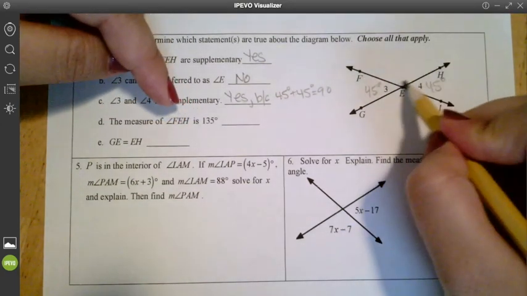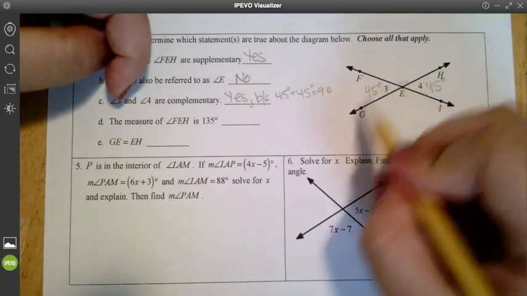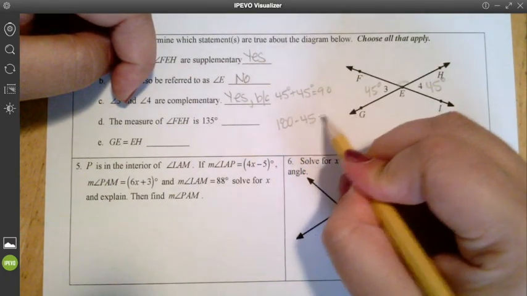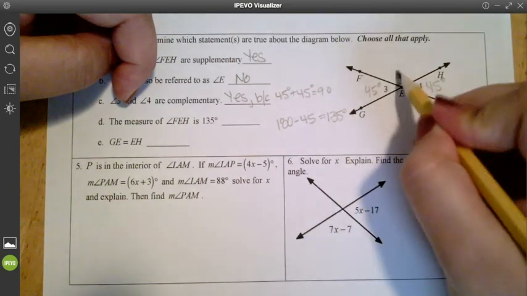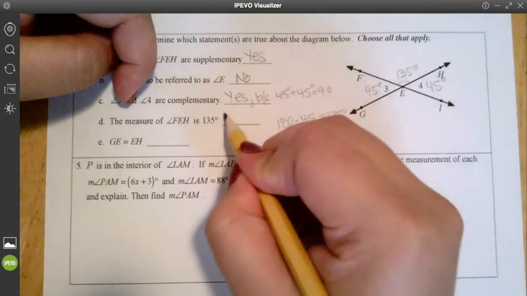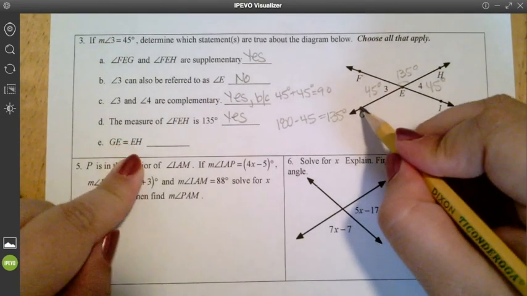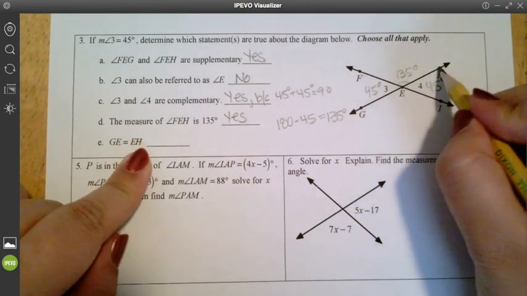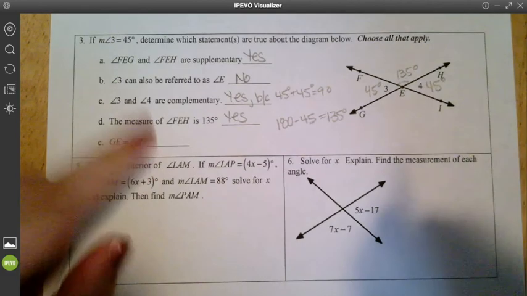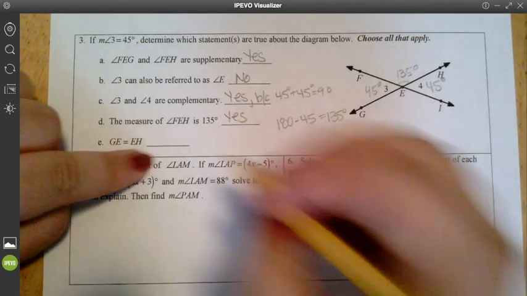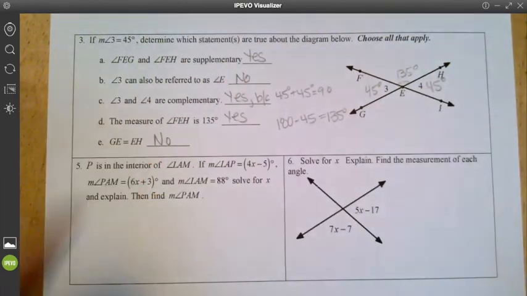So we want to find this angle measurement here, which is 180 minus 45, which is 135. So this is yes. And segment GE equals segment EH. We have nothing to base that off of. We have no segment lengths at all. So this is no.